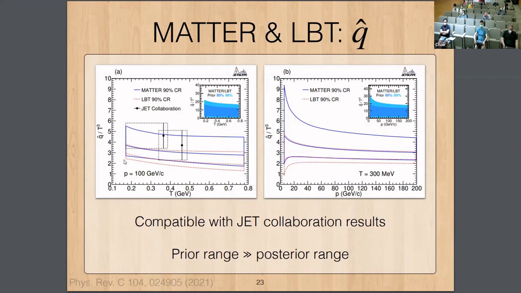We can see that it's compatible with the JET collaboration result. And another thing that I think is pretty nice is that in the inset here, there's the prior range, which is the full range that we explored for the model learning. And this range is much wider than what we extracted in the end, meaning that the result here is really determined by the data and not by the range that we put in.